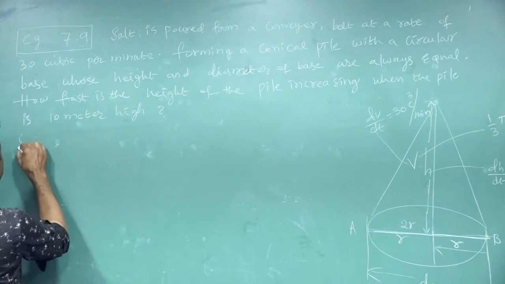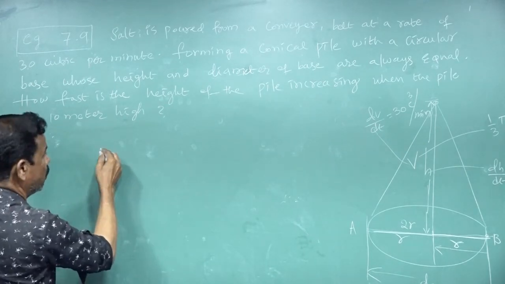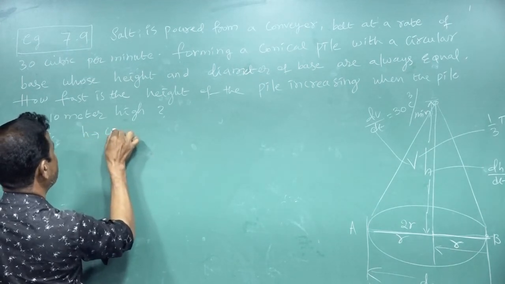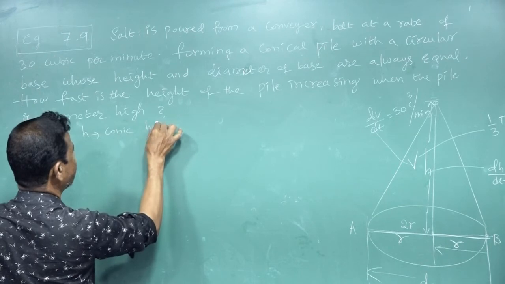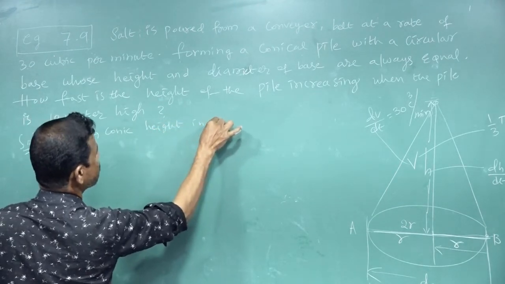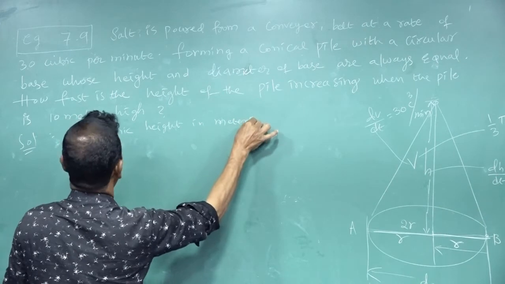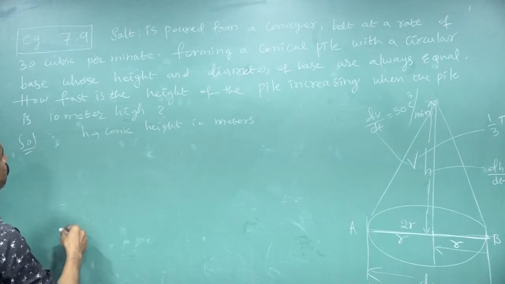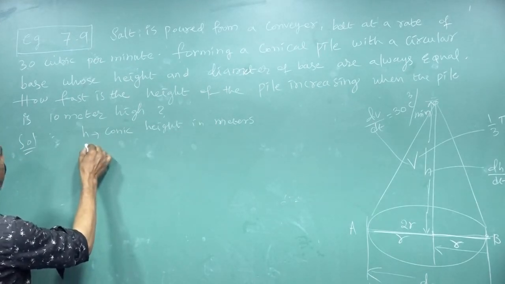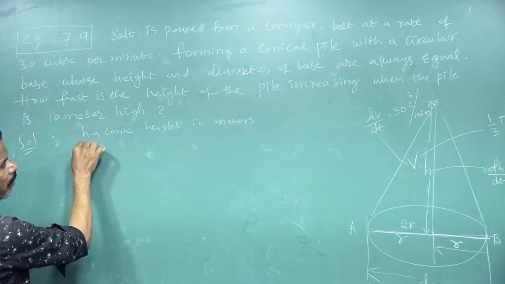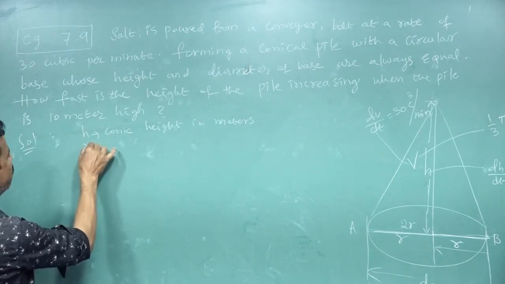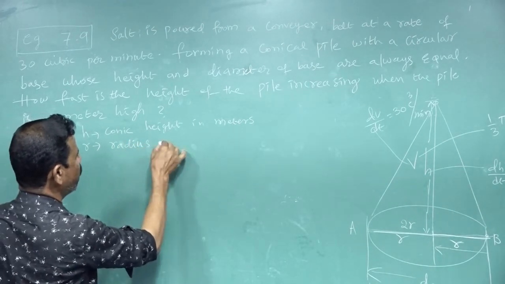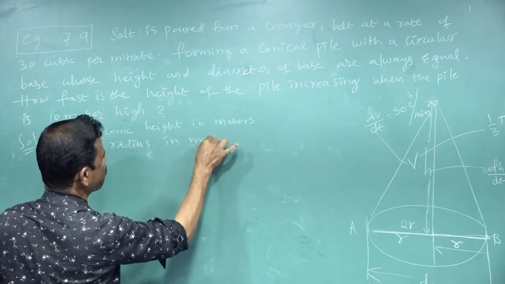So here, solution: h is the cone height in meters, and the radius is also a distance in meters.